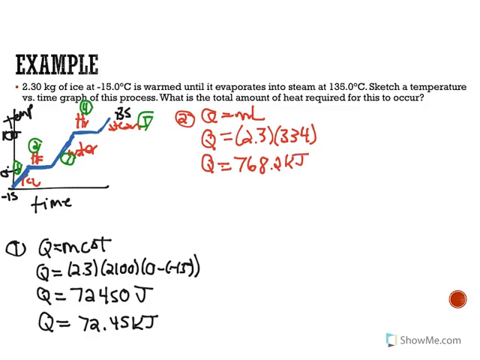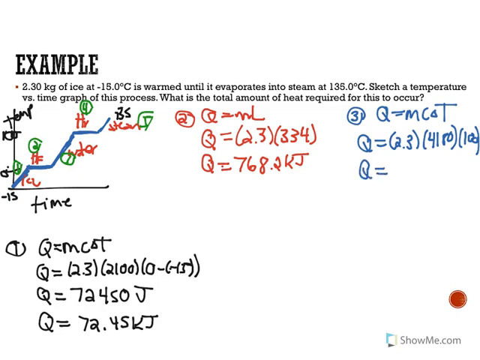All right, number 3. Q is equal to mc delta T because we have a change in temperature. So Q is equal to 2.3, and our substance is water, so it's 4180. Our change in temperature initially is 0, final is 100, so we go 100.